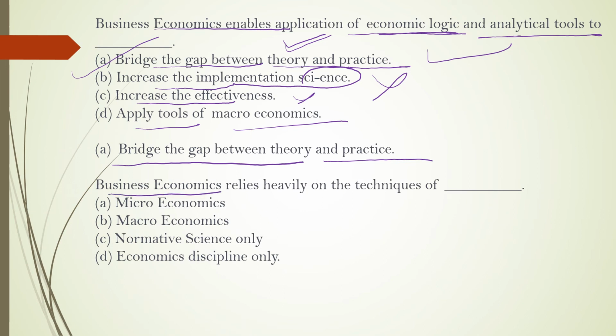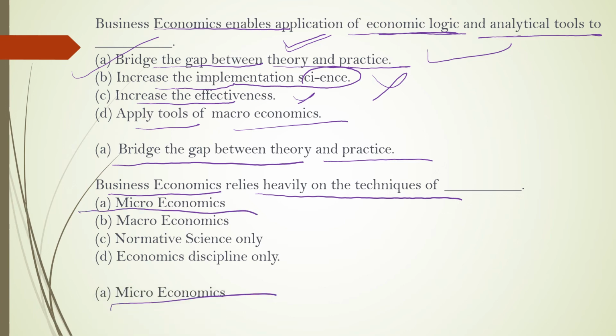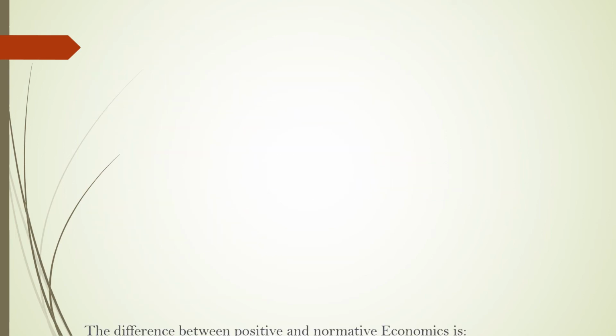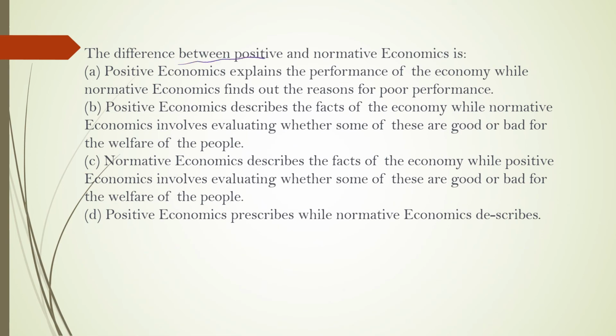Business economics relies heavily on the technique of microeconomics. Of course, mainly depends on microeconomics. The difference between positive and normative economics is positive economics explains the performance of the economy, while normative economics finds out the reasons for poor performance.